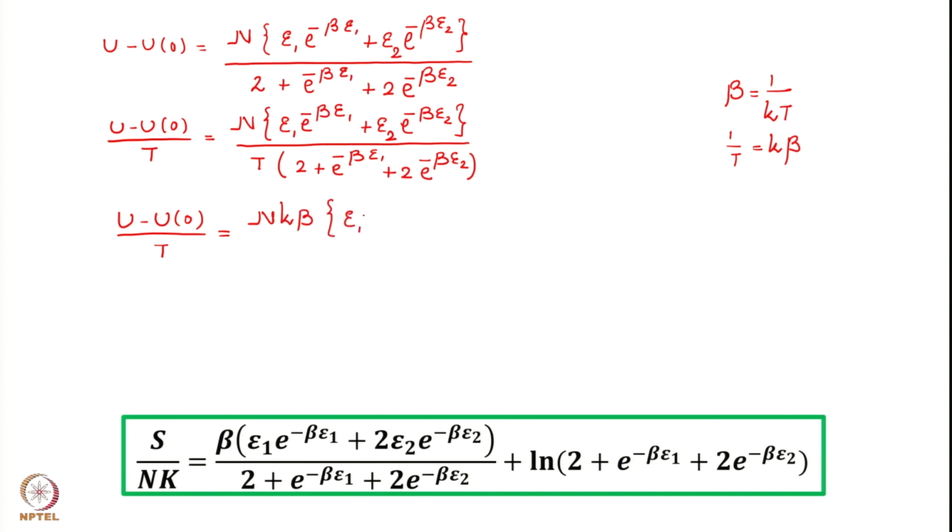Inside I have E1 exponential minus beta E1 plus E2 exponential minus beta E2. And here I have 2 plus exponential minus beta E1 plus 2 into exponential minus beta E2.